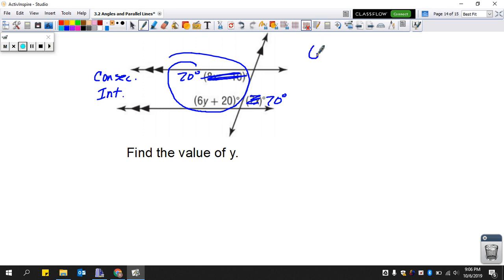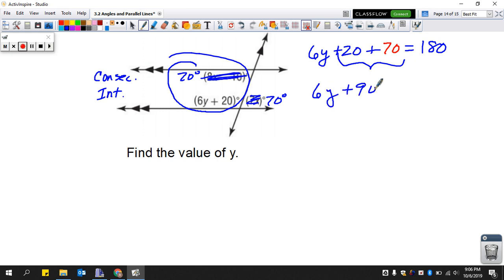Consecutive interior angles that are supplementary, or they add up to 180 degrees. So we can say 6y plus 20 plus the 70 degrees that we found out from the last example. We know all that's going to add up to 180 degrees. So when we do that, we're going to collect the like terms. 20 plus 70, we end up with 6y plus 90 is equal to 180 degrees.